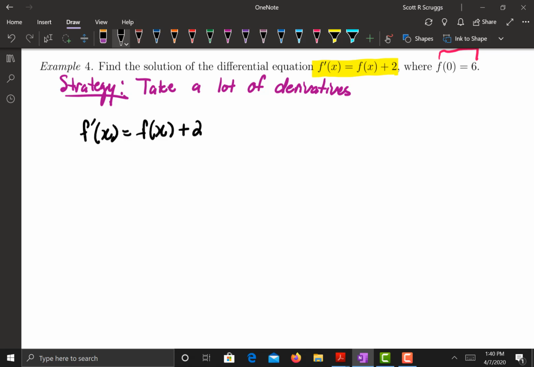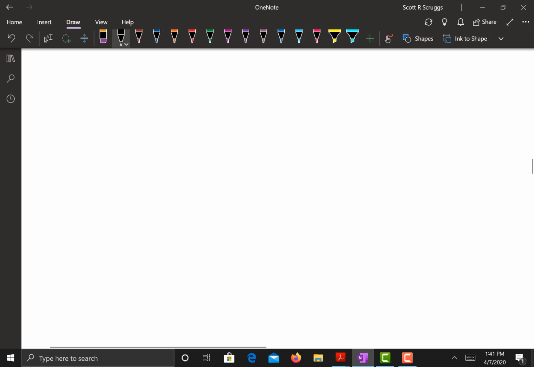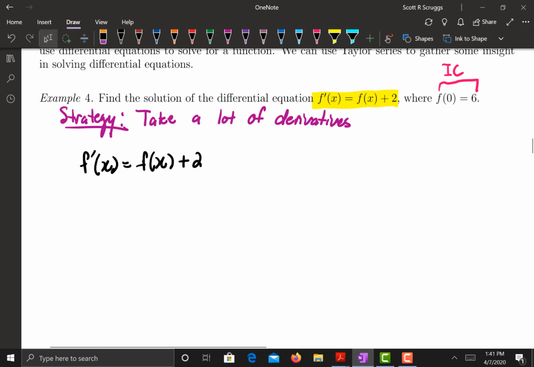And now let's talk about the second derivative while we're at it. The second derivative is just the derivative of the first derivative, and based on my equation above, my first derivative is f of x plus 2.